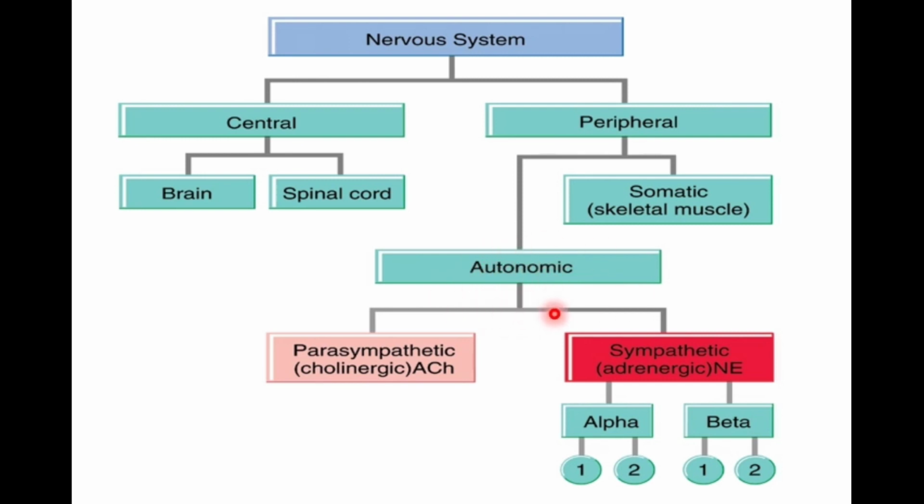The autonomic nervous system comprises parasympathetic and sympathetic subdivisions. Sympathetic neurons are mainly adrenergic. That means their neurotransmitter is noradrenaline, and the receptor is called an adrenoceptor.